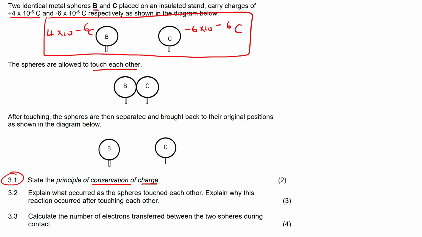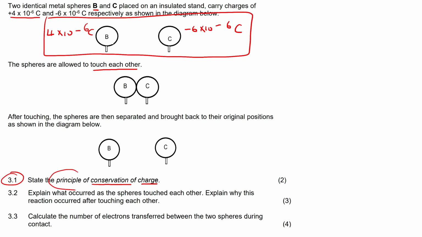Now, you can't create any more charge or any less charge than what we already have. All that will happen is that electrons are either going to move from that one to that one, or from that one to that one. But the overall charge in this system cannot change. There are no electrons coming in from the outside, and there are no electrons escaping to the outside. So the overall charge stays the same.